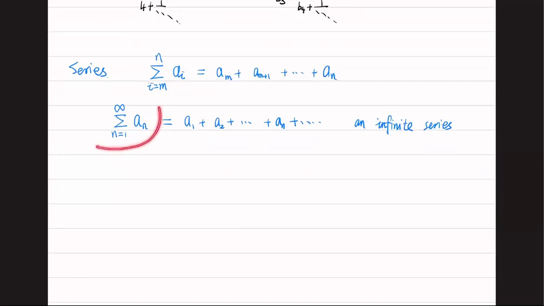Sometimes when we add them, we get a number. But sometimes we don't get a number; that is divergent.